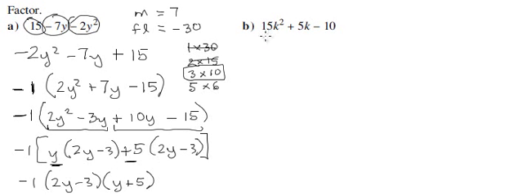Next one. Descending order, that part's okay, but there is something we can still do to improve this before we start. Do you see it? This has a common factor of 5. We can and should take that out before we do anything more complicated. 15 divided by 5 gives me 3k squared. 5 divided by 5 gives just 1k.